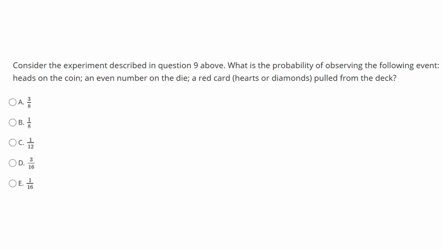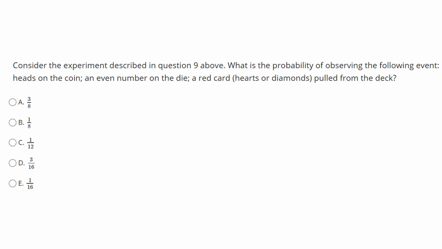If we toss a coin and we find that it lands on heads, or the upper face is heads, it has no bearing. It tells us nothing about what number we can expect to observe on the die. And neither of the outcomes of those two stages of an experiment will tell us anything about the suit of the card or the color of the card drawn from the deck.